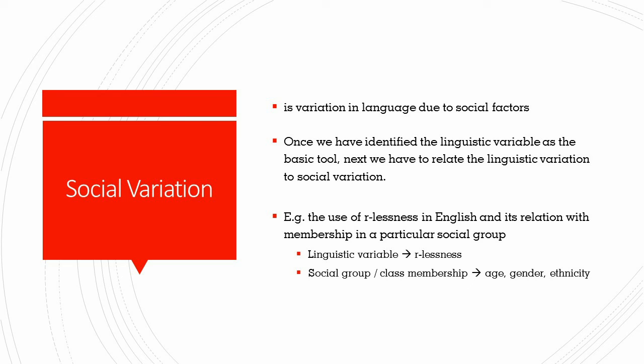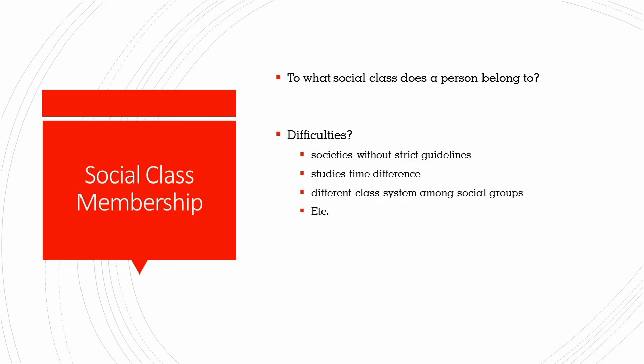When we talk about social class membership, we are talking about what social class a person belongs to. And there are some difficulties we may encounter when dealing with social class membership.